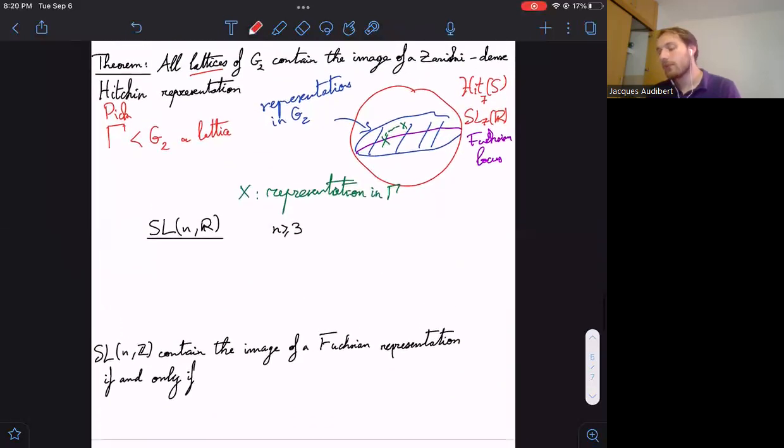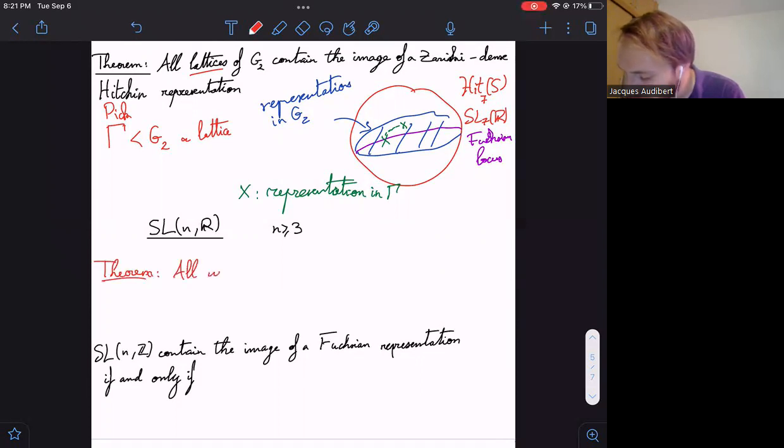So for SLNR, the results are a bit sparse. I'm not going to describe them because that would require me to define notations to talk about each lattice, because I can prove for some of them that they contain a Zariski dense Hitchin representation. I just want to emphasize one theorem.